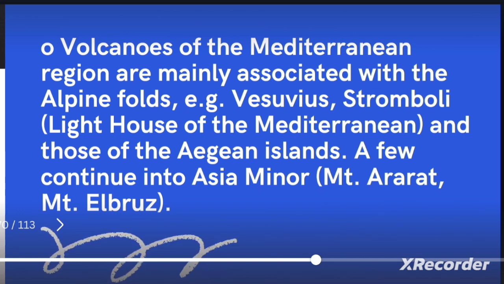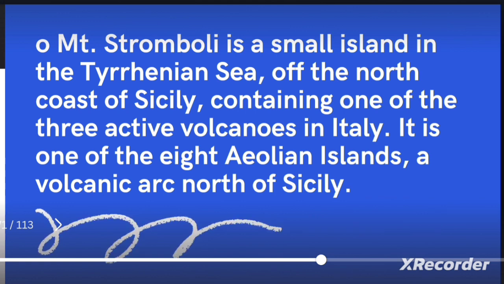A few continue into Asia Minor, Mount Ararat, Mount Elbrus. Stromboli is a small island in the Tyrrhenian Sea north of the coast of Sicily, containing one of the three active volcanoes in Italy. It is one of the eight Aeolian Islands, a volcanic arc north of Sicily.